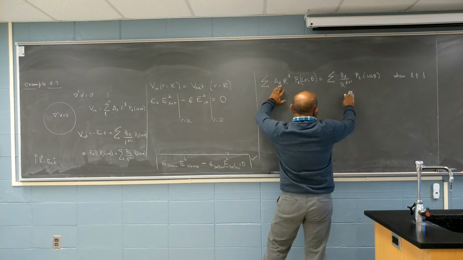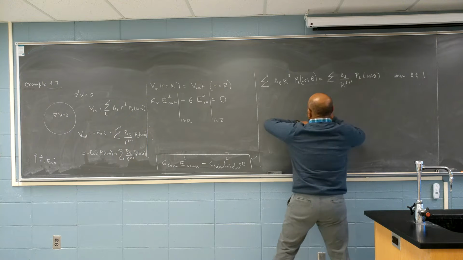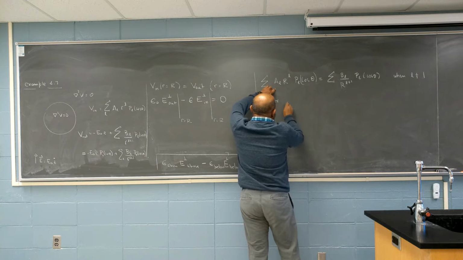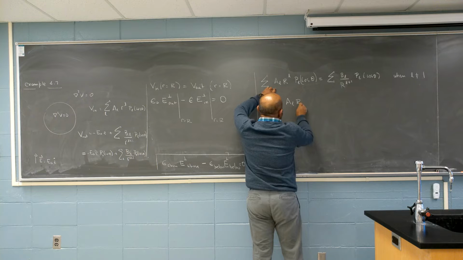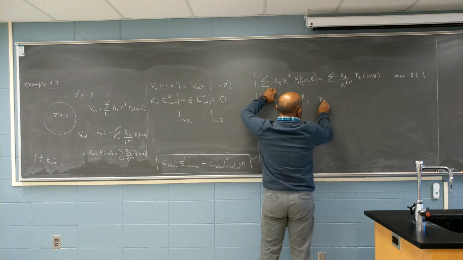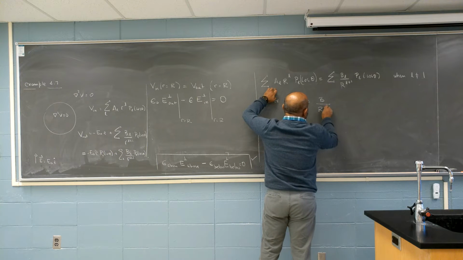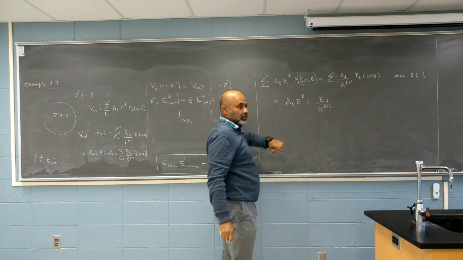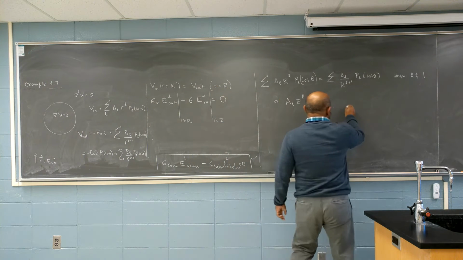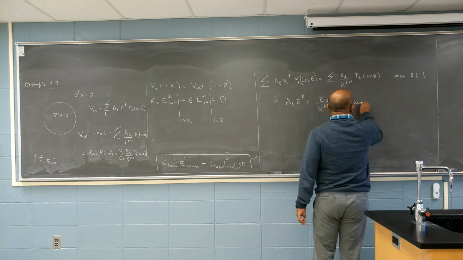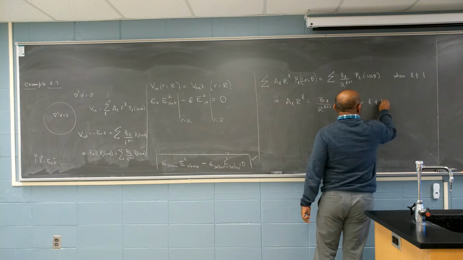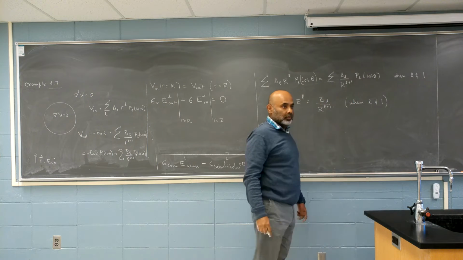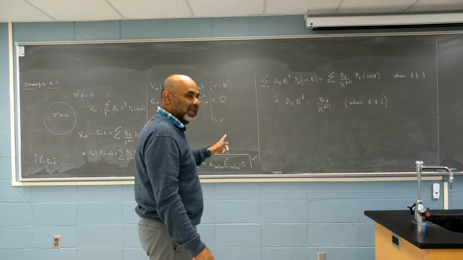This means for every L, this has to be true, or A_L R to the L is equal to B_L over R to the L plus 1. Again, this is when L is not equal to 1. Let me write the L equals 1.